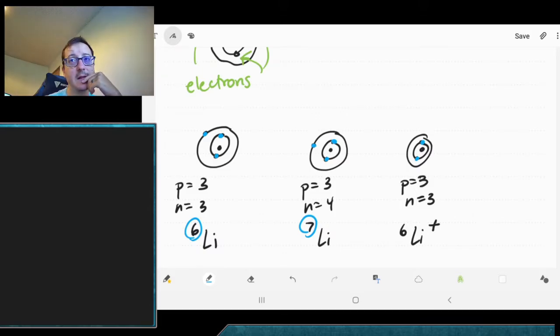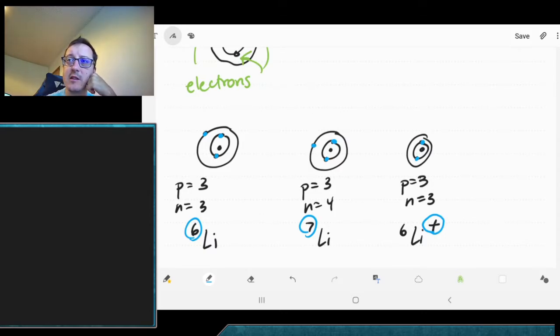All right, so let's compare now the first one and the last one. It seems like the protons are the same and the neutrons are the same, bringing us back to that 6 again. So that's probably something to do with neutrons, but we'll look anyway. It does look like we have something different in this lithium.